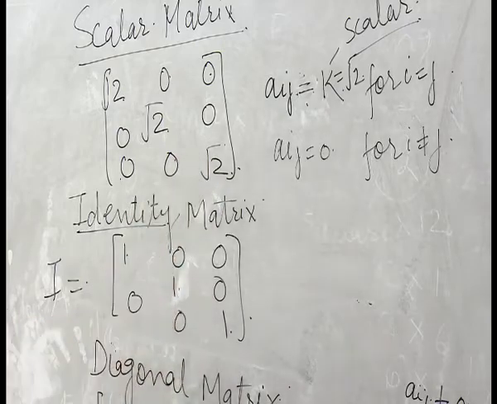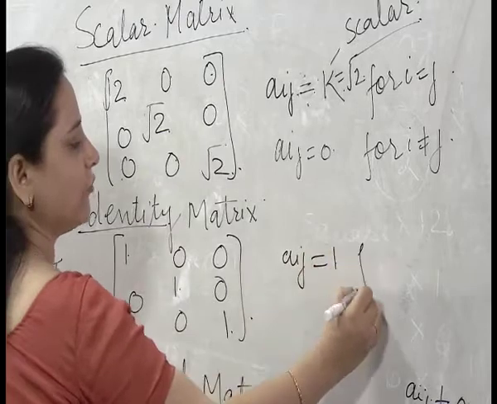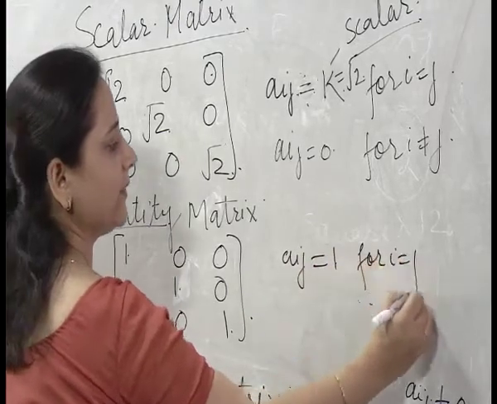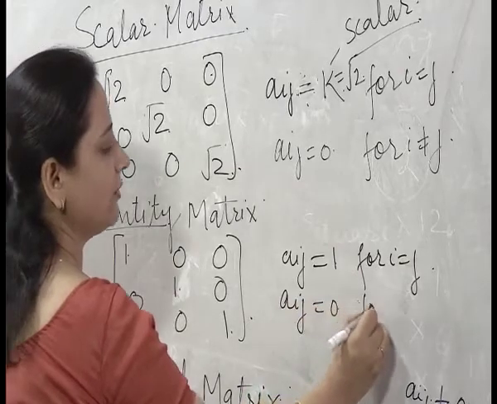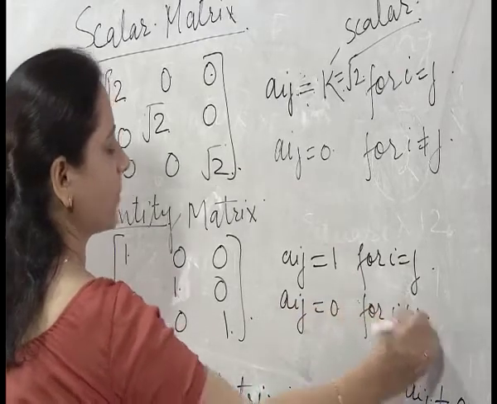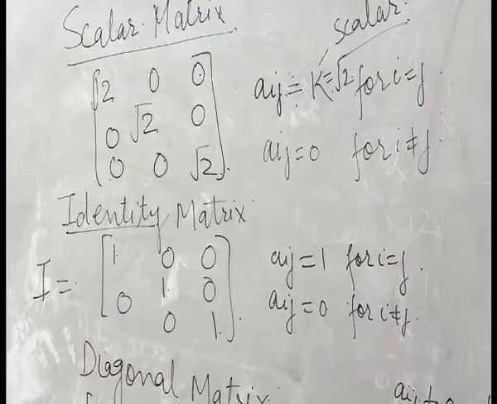So what will you write? Aij equals 1 for i equal to j, and Aij equals 0 for i not equal to j. This is the identity matrix.